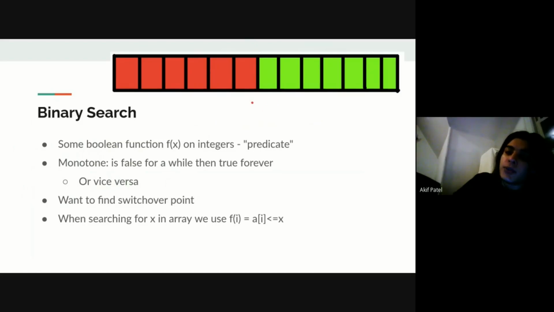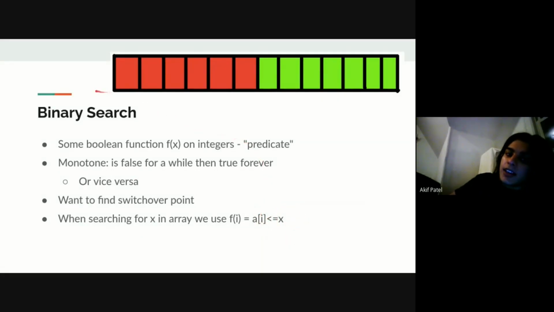As an example, so you can see how this relates to the more traditional idea of binary searching for a value in an array, that's equivalent to making your predicate f of i the Boolean function whether a i is less than or equal to x.